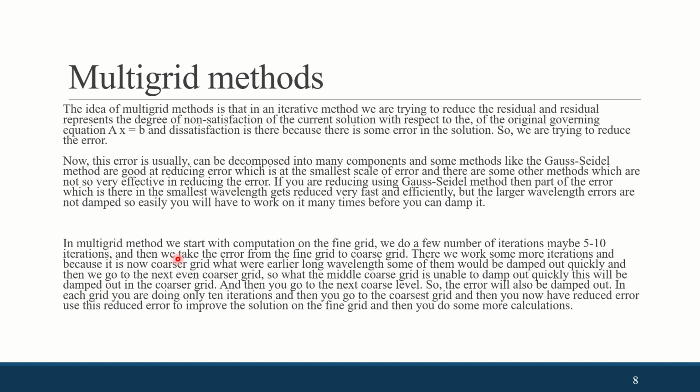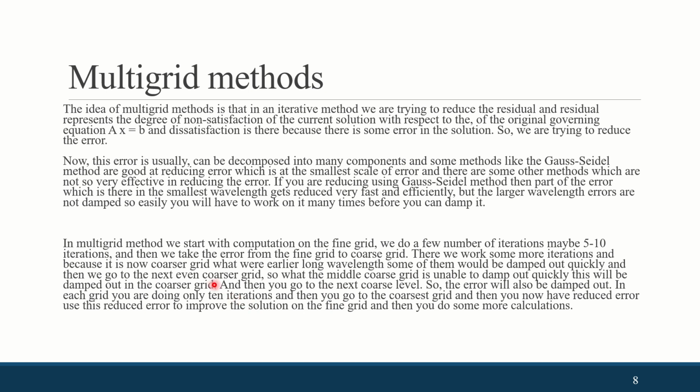In the multigrid method, we start with the computation on the fine grid. We do a small number of iterations, and then we take the error from the fine grid to the coarse grid. There we do some more iterations, and because it is now a coarser grid, what were earlier long wavelengths, some of them would be damped out quickly, and then we go to the next even coarser grid, which damps out what the middle grid was unable to damp out quickly.